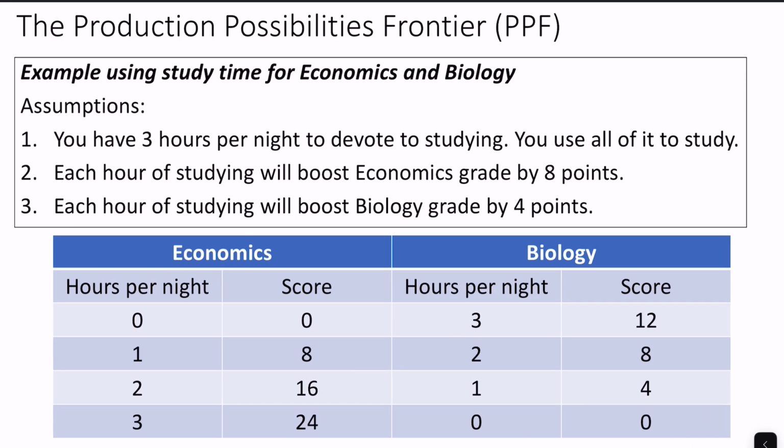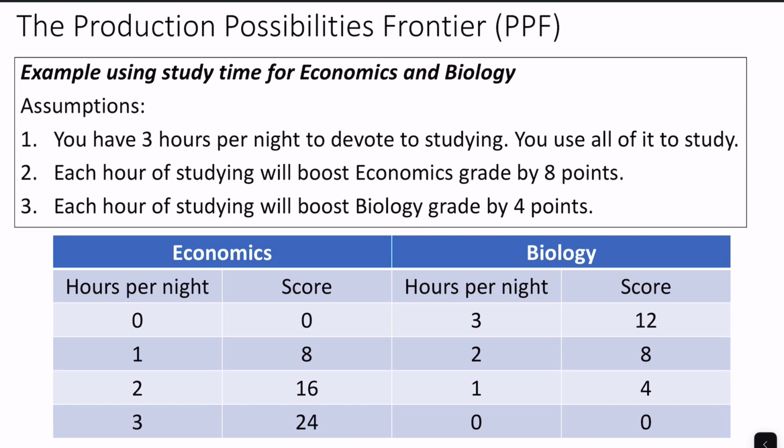Okay, now on this slide, I have the same information of our assumptions that I just talked about. And now we can change these assumptions into a table that's going to be capturing all the different possibilities of scores you could get for economics. So we have a column for scores in economics, and we have a column for scores in biology. And then in these first columns here, we have hours per night of studying.